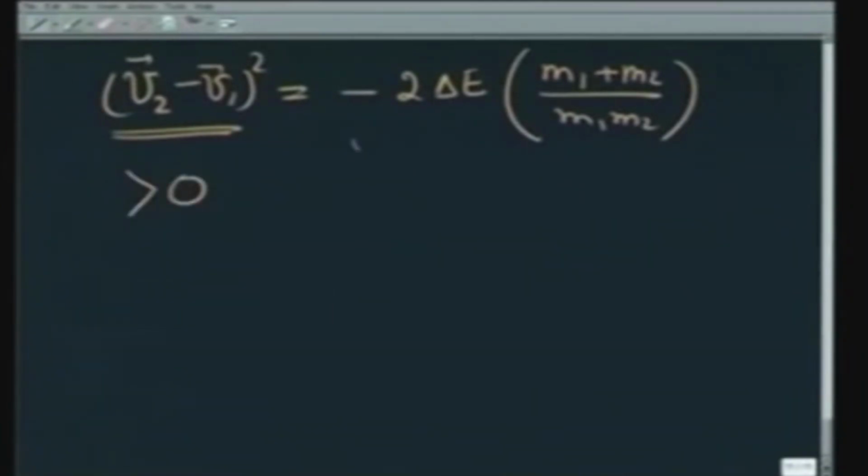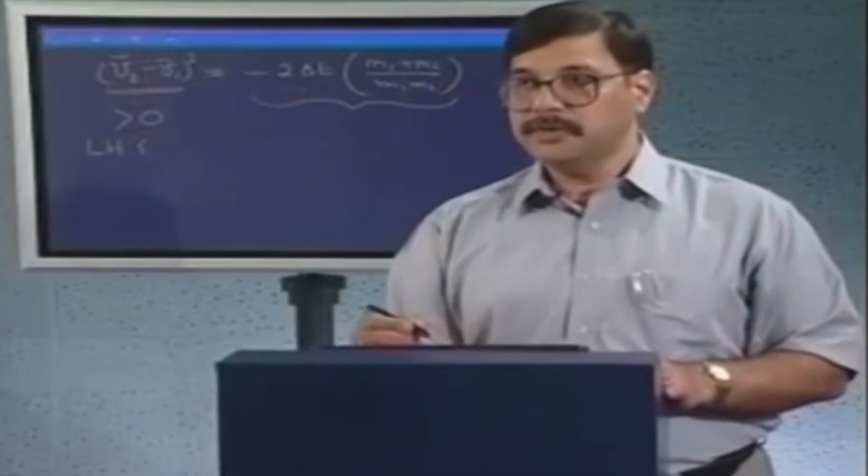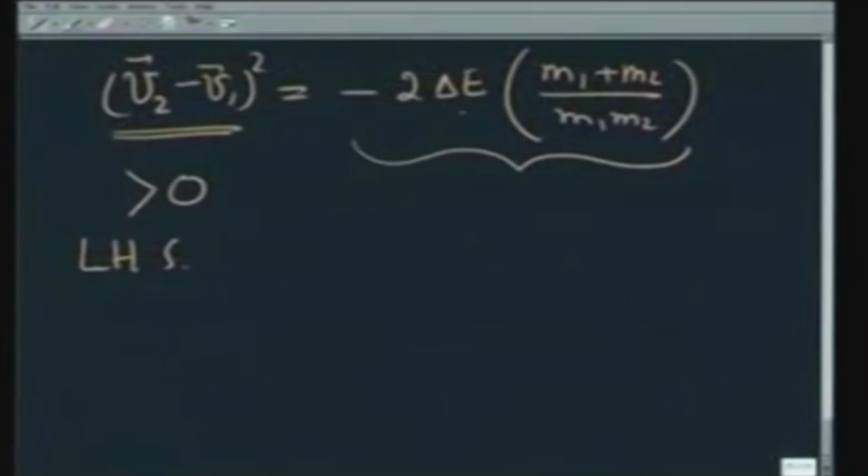On the other hand, the right hand side could be greater than 0, 0 or less than 0 depending on the sign of delta E. If delta E is greater than 0, then the right hand side is less than 0, and therefore the left hand side and the right hand side can never be equal if this condition is satisfied.